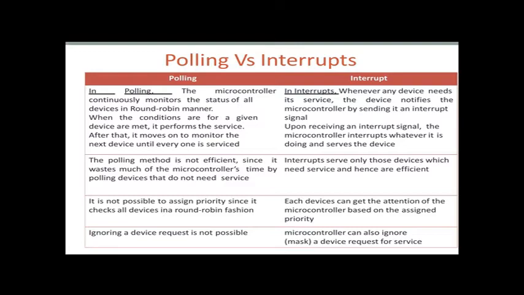But in interrupts, each device can get the attention of the microcontroller based on the assigned priority. That means you can assign priorities. In polling, ignoring a device request is not possible, but the microcontroller can ignore or mask a device request for service in interrupts.